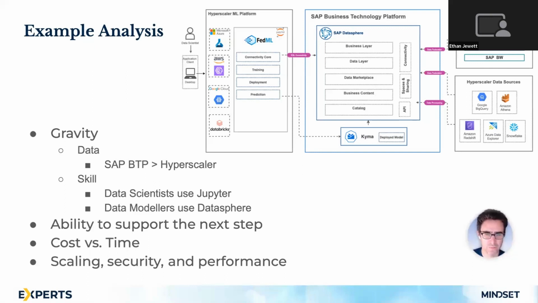That may very well be the right answer for your organization. But I know that a lot of organizations have their data gravity in the hyperscaler. They're using AWS or Azure or GCP as their data lake and their data warehouse. And so their data gravity is really in the hyperscaler and not in BTP and DataSphere.